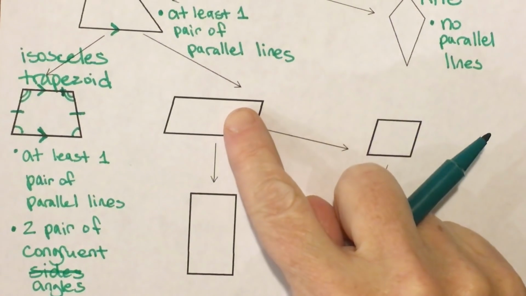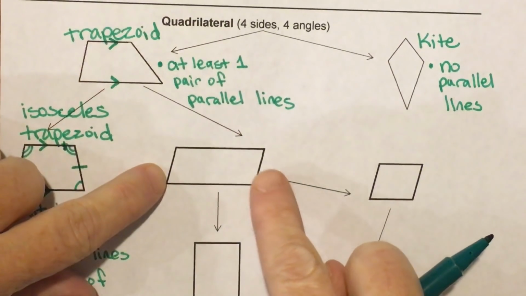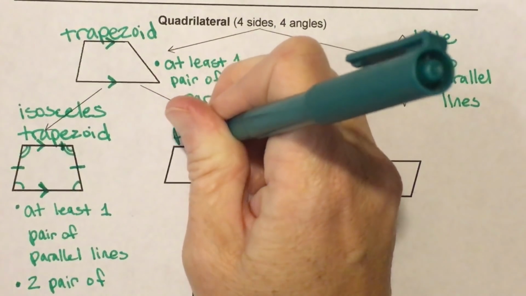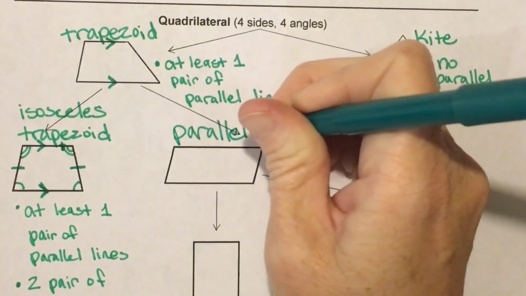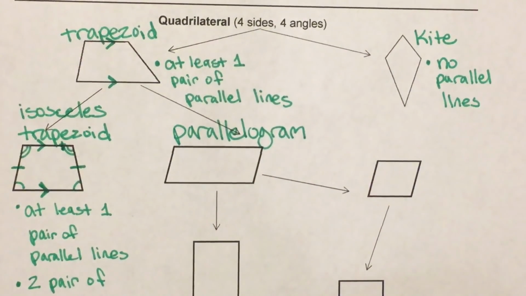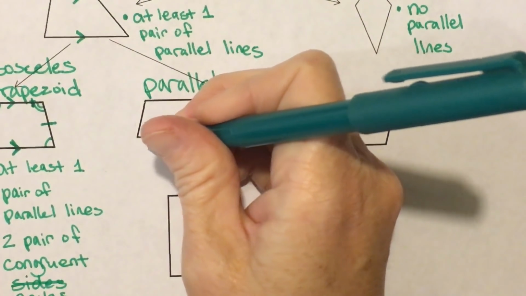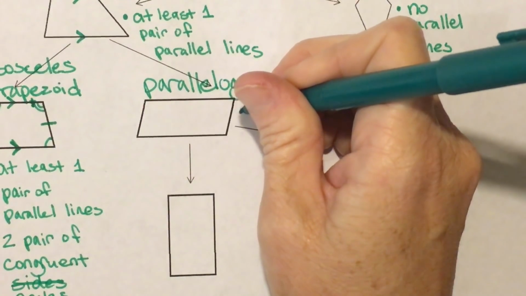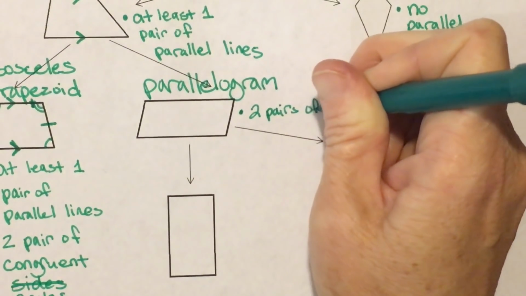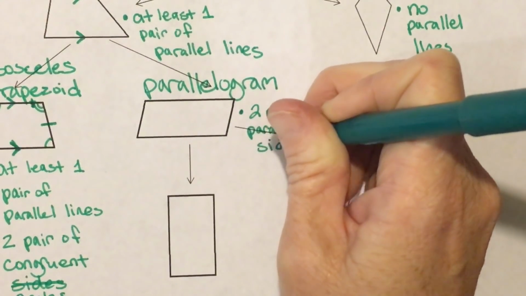Okay, this shape is also a trapezoid because a trapezoid only has to have one pair of parallel lines, and this one has it, but this one has other attributes as well. So this is called a parallelogram. Okay, so what makes a parallelogram is its rule is it must have two pairs of parallel sides or lines.